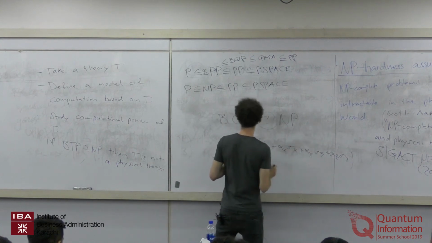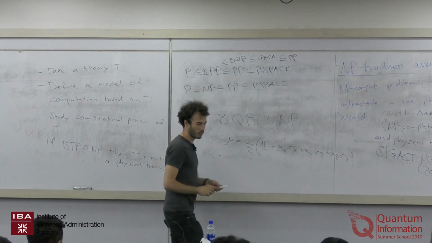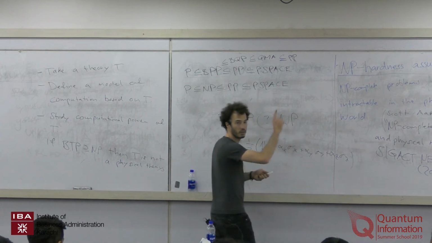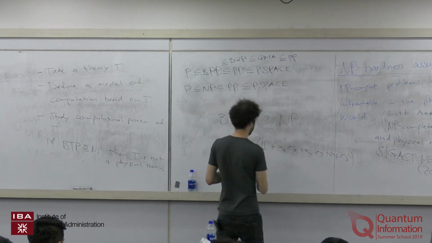So a quantum state, a qubit, can be represented as a vector in a three-dimensional ball, where these are the direction of the vector.